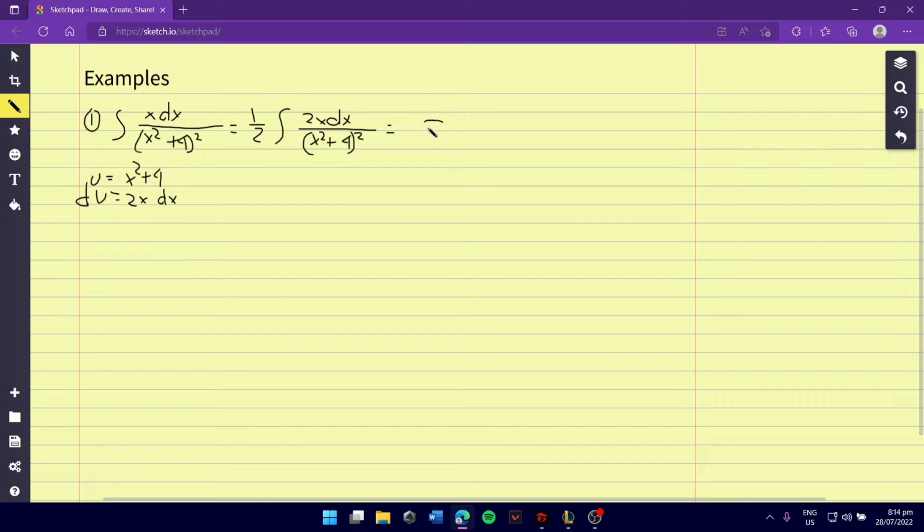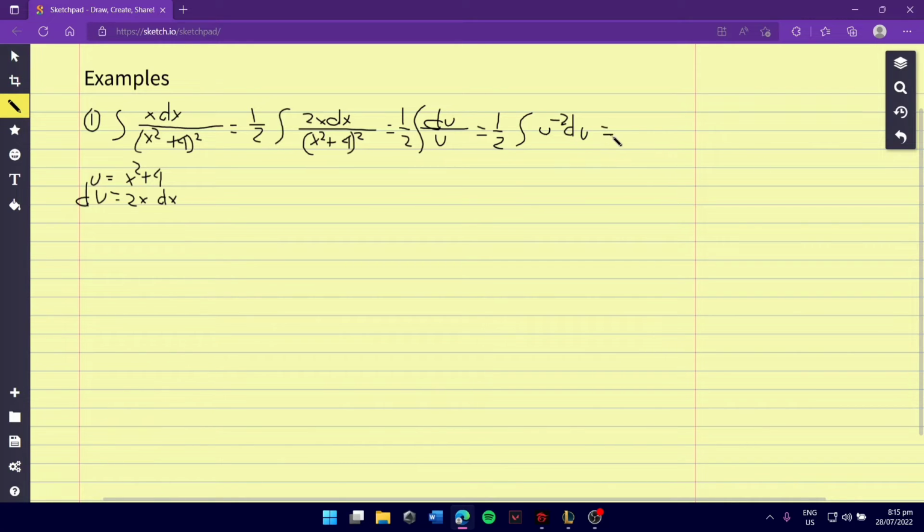So we have du over u squared, and then 1/2. We will put u in our numerator, so this will become u raised to negative 2 times du.